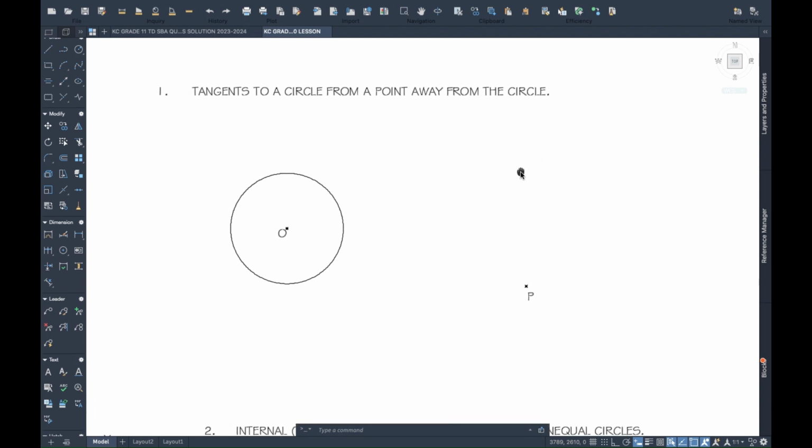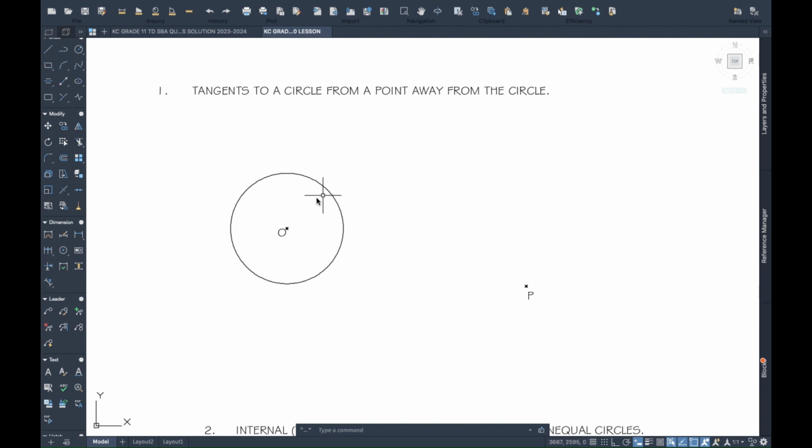Now with this one, we have a circle. Normally you will be given the diameter or the radius of the circle, and you'll be told where the point is away from the circle. So by definition, the tangent is basically a line which will be at 90 degrees to the radius of this circle.